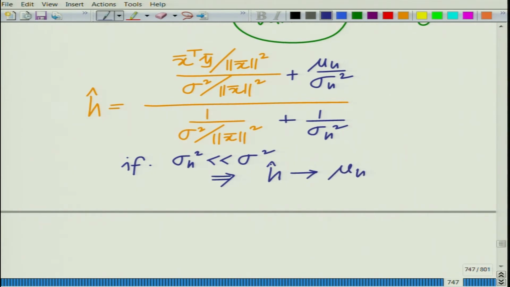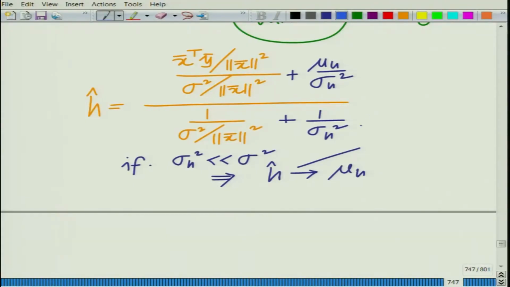So, variance of the prior is very small, implies the MMSE estimate tends to the prior, right. This implies the MMSE estimate tends to the prior.